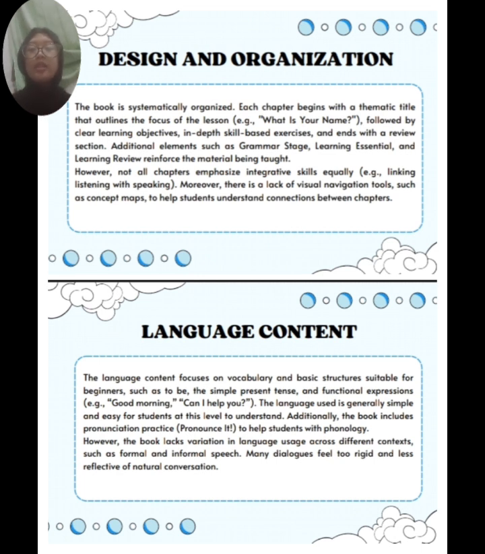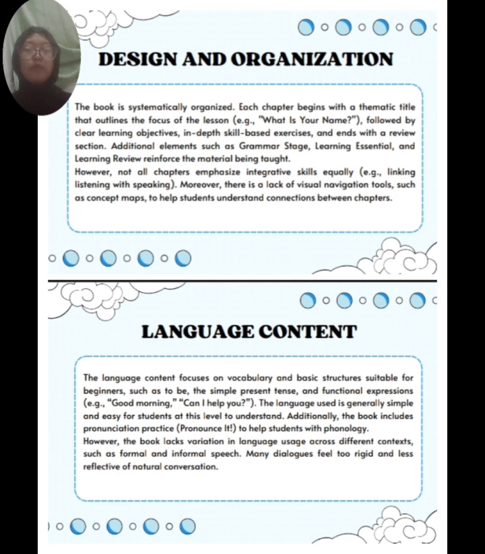Additional elements such as grammar stage, learning essential, and learning review reinforce the material being taught. However, not all chapters emphasize integrative skills equally, like linking listening with speaking. Moreover, there is a lack of visual navigation tools, such as concept maps, to help students understand the connection between chapters.